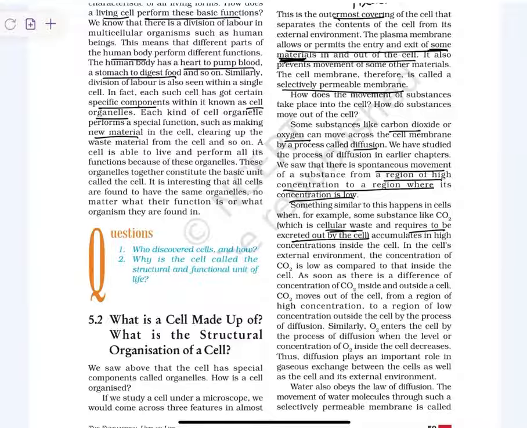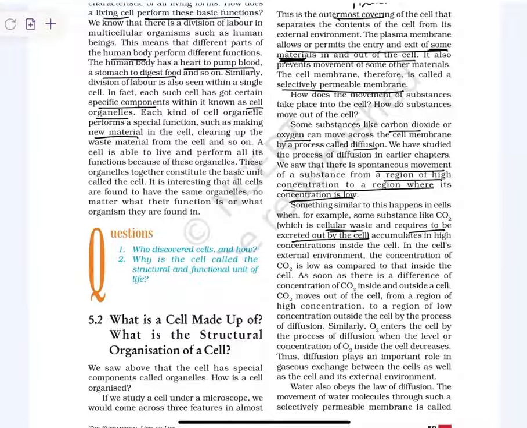That's why there will be movement of oxygen from high to low concentration, means oxygen will move from the external environment to the internal environment of the cell. And that's why diffusion plays an important role in gaseous exchange between the cell and its external environment. Now water also obeys the laws of diffusion.